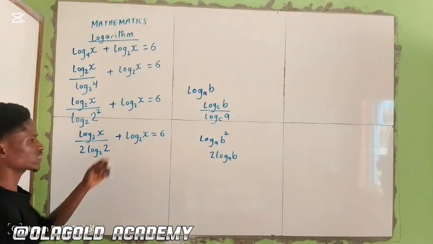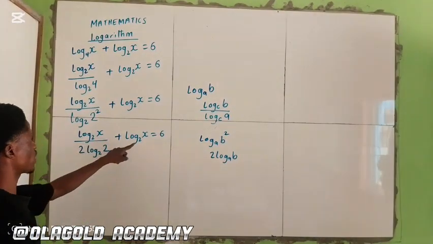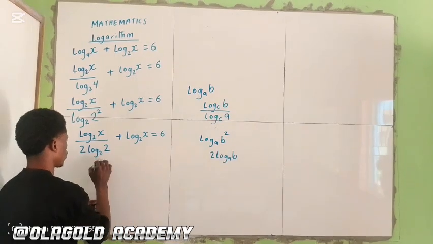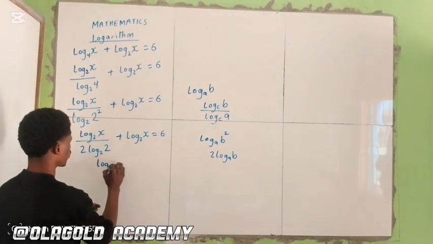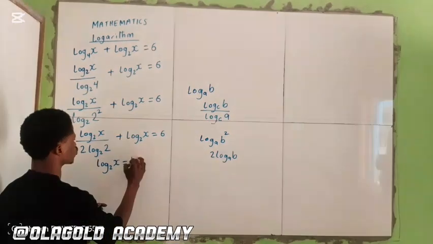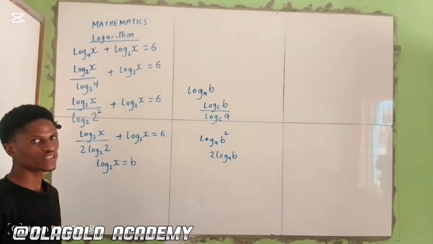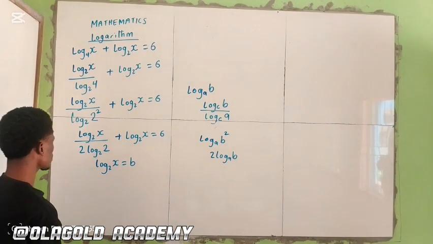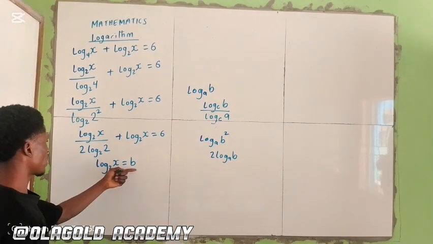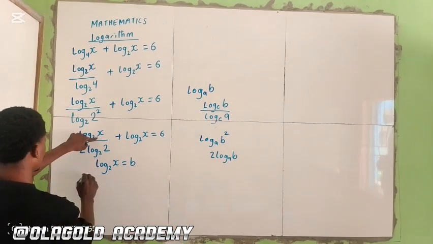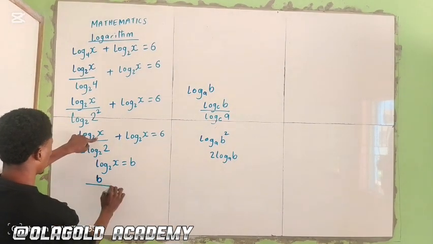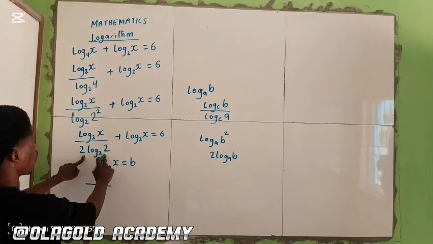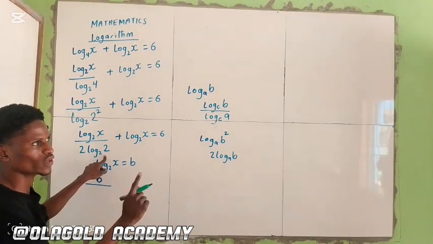My next task is to make log 2 of x to be b, or to be any variable. So log 2 of x is now equal to b. You can choose any variable if you like. So if log 2 of x equals b, I'm going to have b over, remember, log 2 of 2 becomes 1.